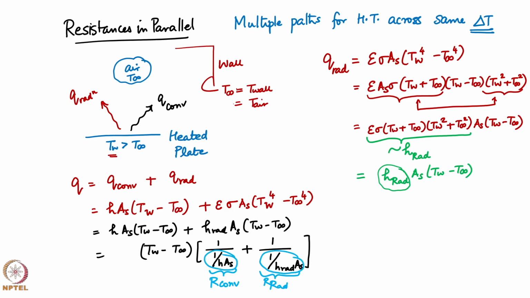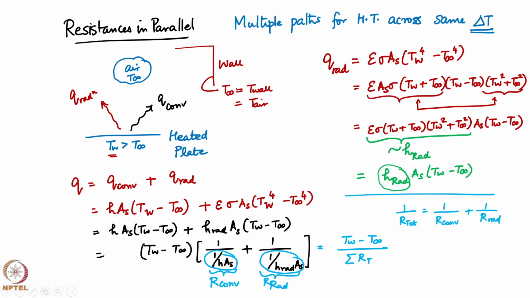Okay. What is this? When do I see this? This is an equivalent resistance: T wall minus T infinity divided by R total, where 1 by R total is nothing but 1 over R convection plus 1 over R radiation. When is this written?